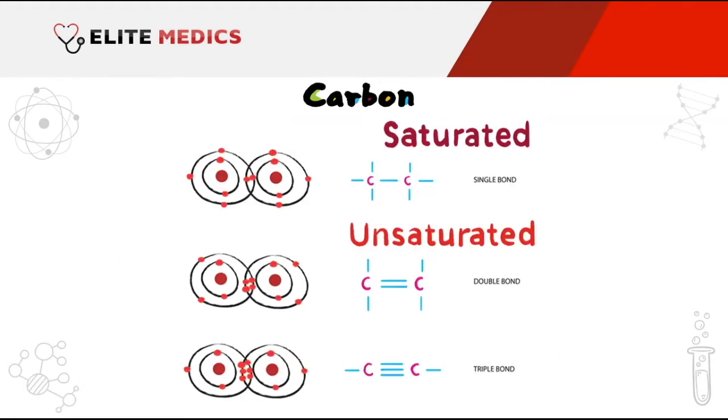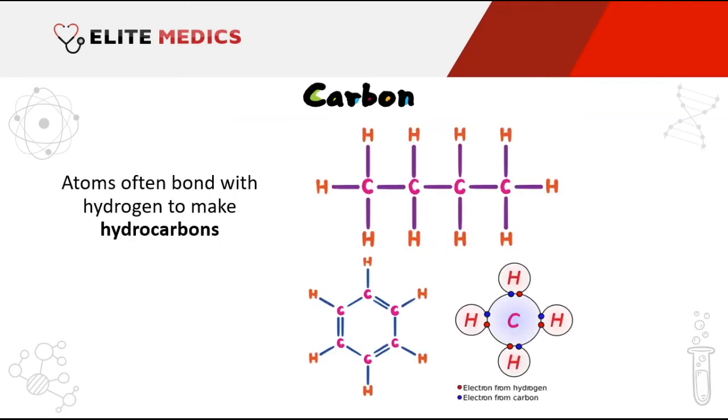Now, when we talk about carbon to carbon double bonds and single bonds, when we have a single bond present, it's a saturated bond. And when there is a double bond present, it's an unsaturated one. So these are some of the phrases we use to explain what we're seeing. Now, atoms often bond with hydrogen to make hydrocarbons, and hydrocarbons is something we're going to talk about till the end of time today. This is one of the key compounds that carbon will make.